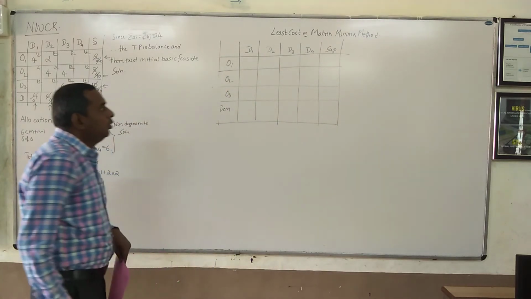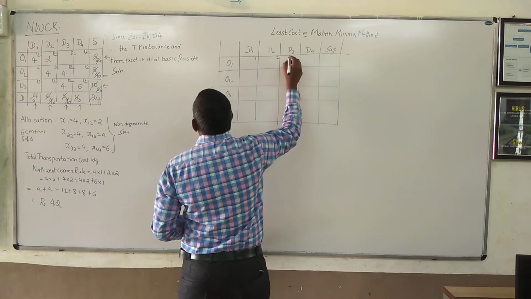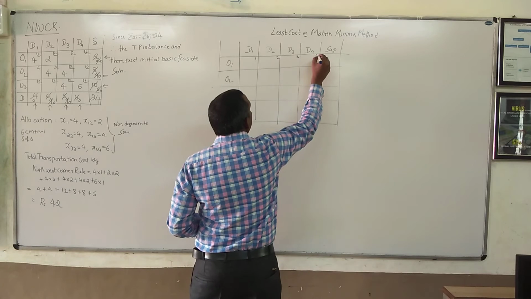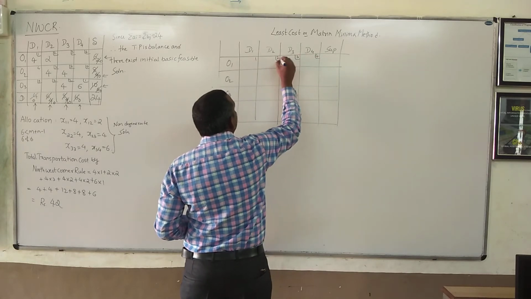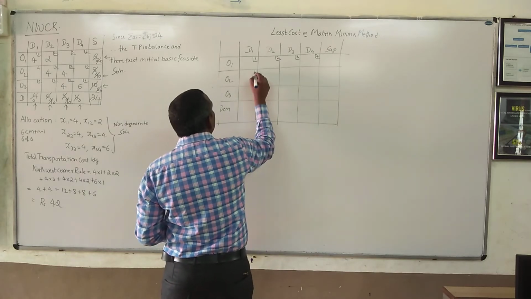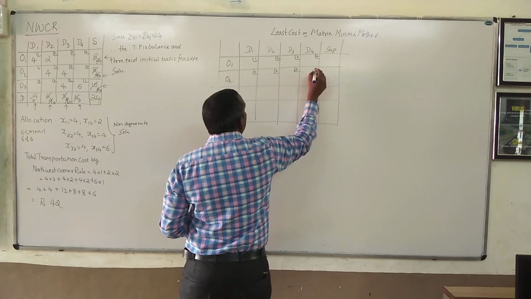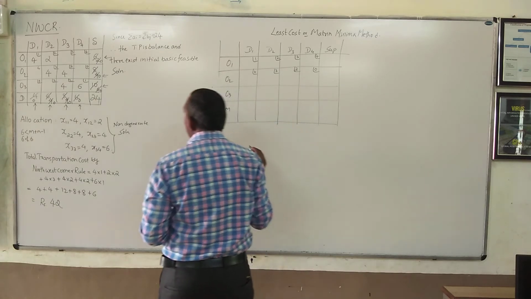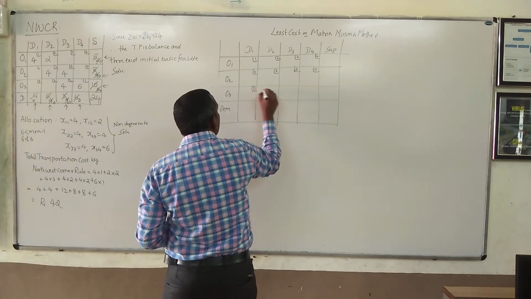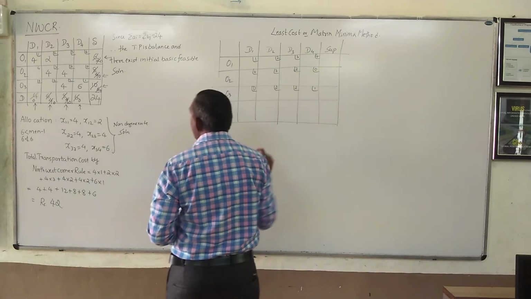Let me write the values. It is 1, 2, 3, 4, then 4, 3, 2, 0, then 0, 2, 2, 1.